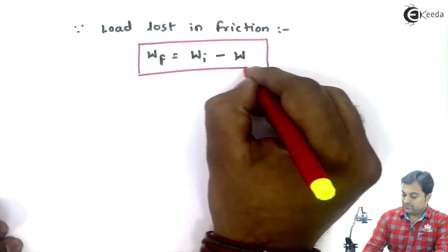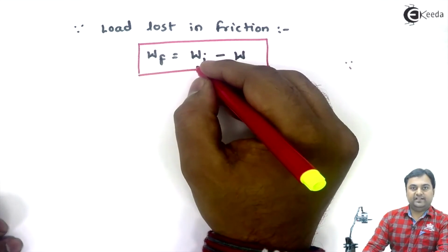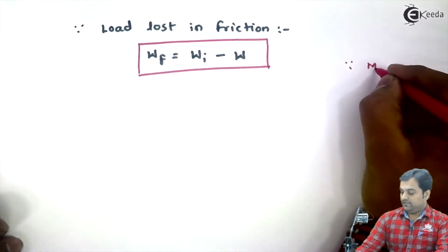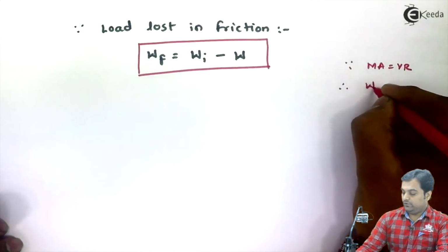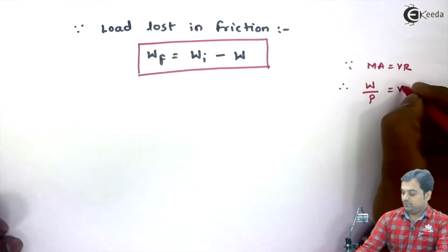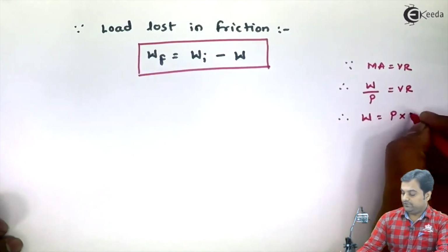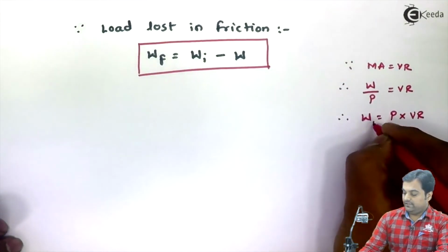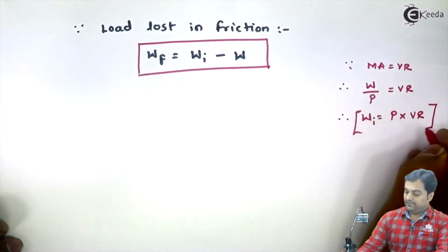Again I'll use the small concept: ideal load will also be there in case of an ideal machine where mechanical advantage is equal to velocity ratio. So load upon effort is equal to velocity ratio. Therefore load is equal to P into velocity ratio. Since we want ideal load, here I'll add suffix I. So this is the formula for ideal load.